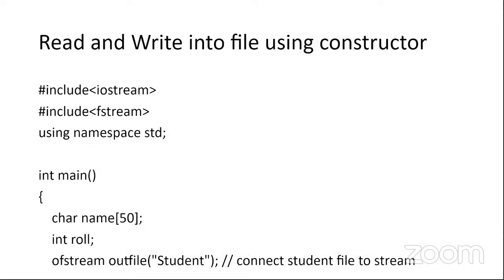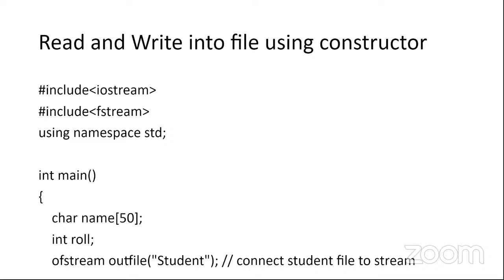Now read and write into file using constructor. Till now we saw how the open function works, and now we will see how the constructor works. Here we again use the fstream header file to read and write into a file.